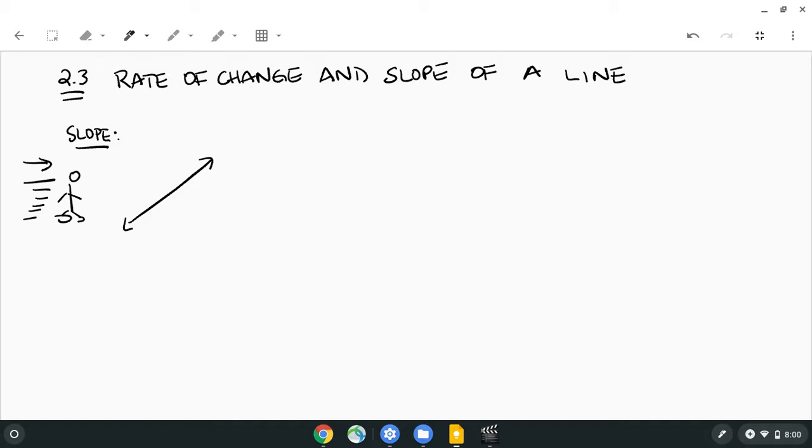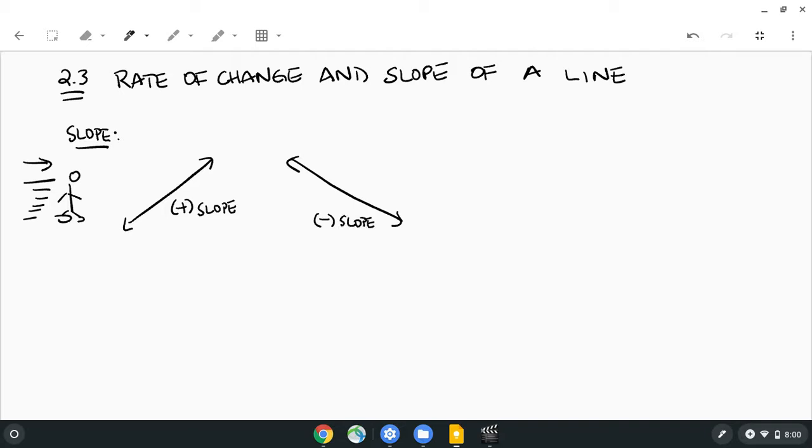So when he is going uphill in this direction, then we say that this line has a positive slope. If the road starts to do this, now he is going downhill. So here we say that it has a negative slope.